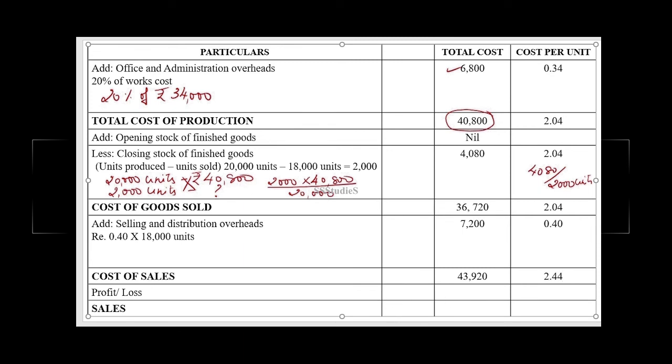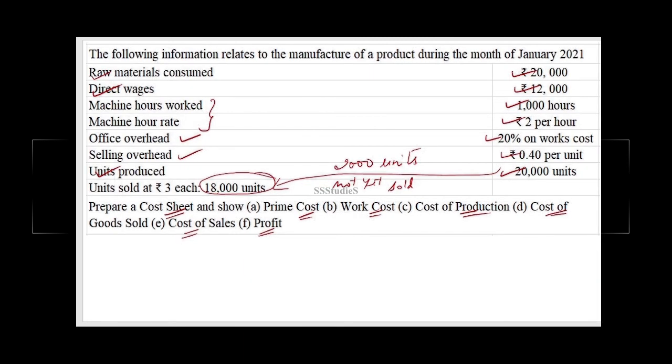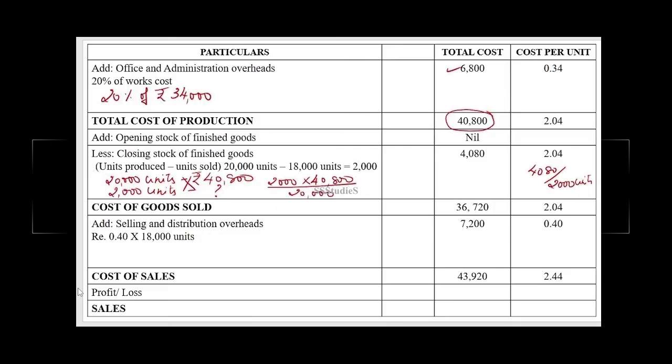Let us see whether the profit figure is given or whether the sales figure is given in the problem. So we have units sold at rupees 3 each. So the sales figure is given, that is 18,000 units into rupees 3, which will be rupees 54,000. 54,000 rupees divided by 18,000 units will be 3 rupees, or anyway it's directly given in the problem.